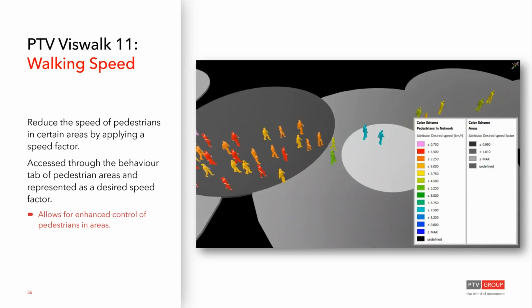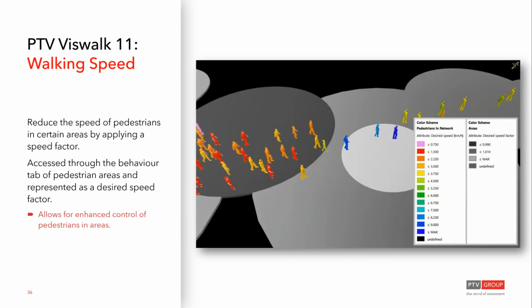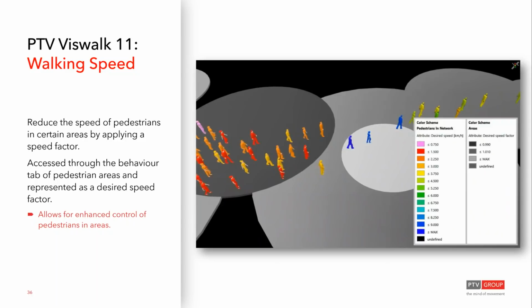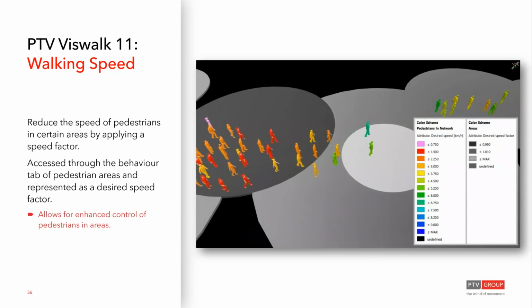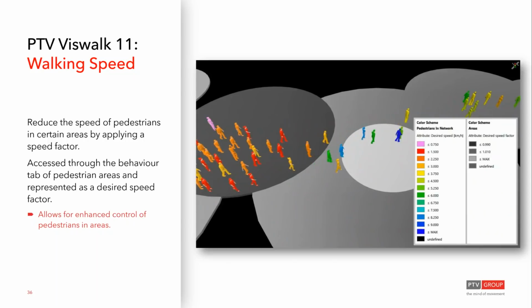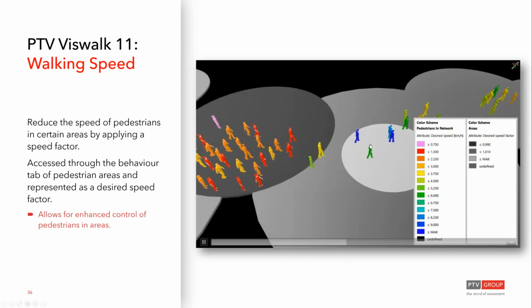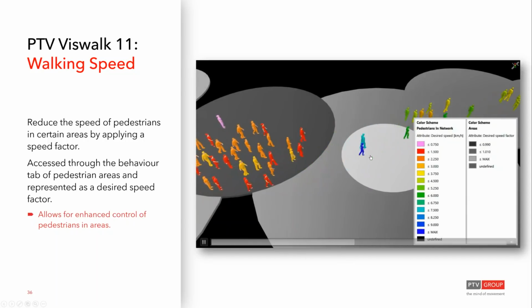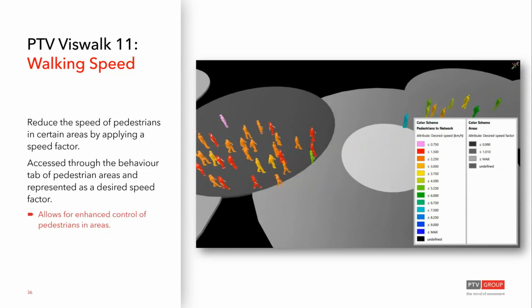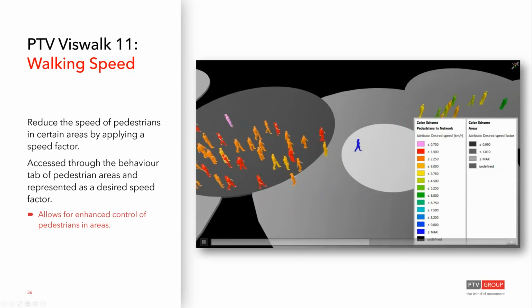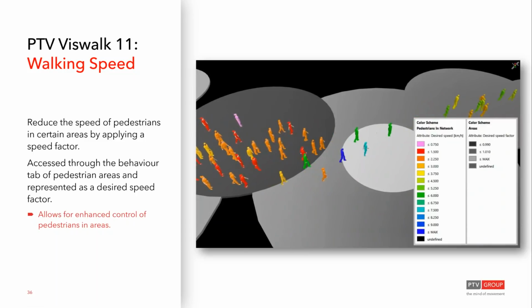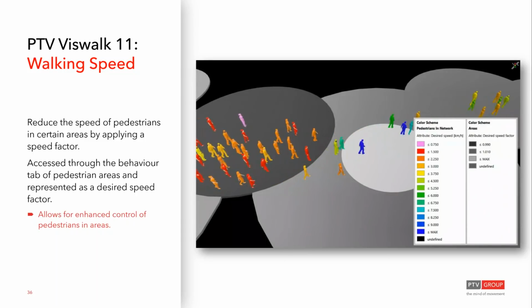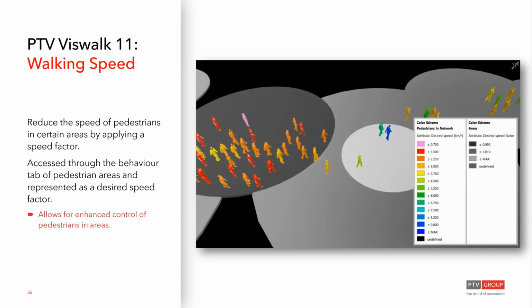What you can observe is that when people exit the building, they accelerate, they go faster in order to arrive at the other building quickly. And this is what we can see here. You can now model this more easily if you just add a speed factor to this area, and then the pedestrians will adjust their speed while walking in this specific area.